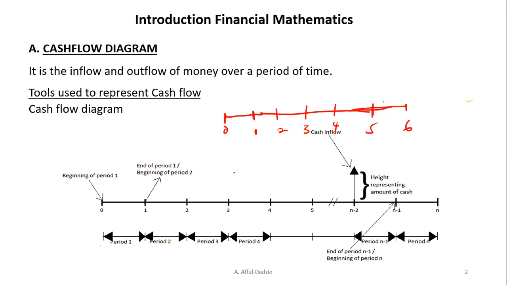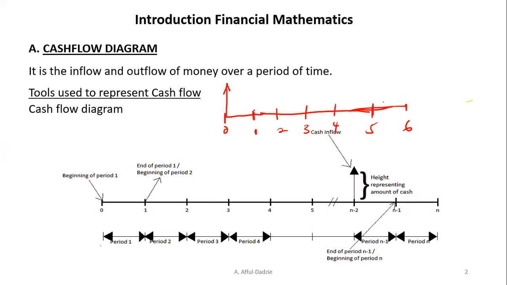If I am assuming that the monies are paid at the beginning of the period, let's say that you receive your salaries at the beginning of the month, right? Let's start with the instance where you receive the salaries at the beginning of the month. This is the beginning, so money hits your account at the beginning. Let's assume it's monthly, so 6 months.